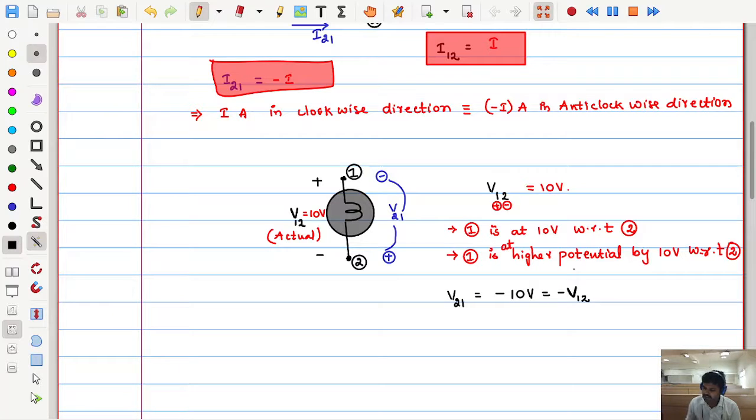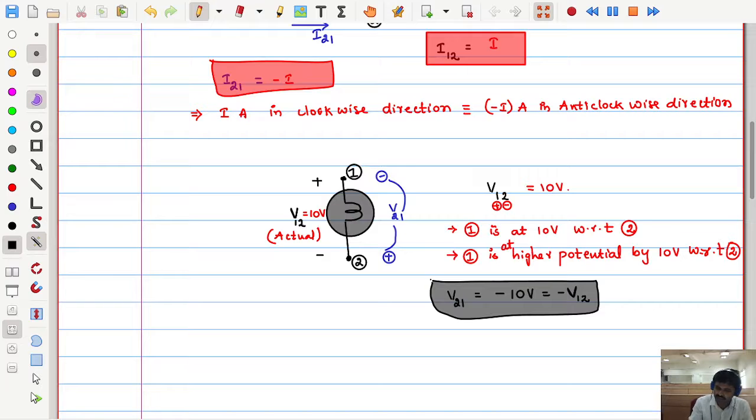Instead of saying 2 with respect to 1 negative, we can say 1 with respect to 2 positive. Clear? This is one of the important observations which you should understand very clearly. These are the two things which contribute a lot while making the analysis. So one can express voltage in two ways and current also in two ways.